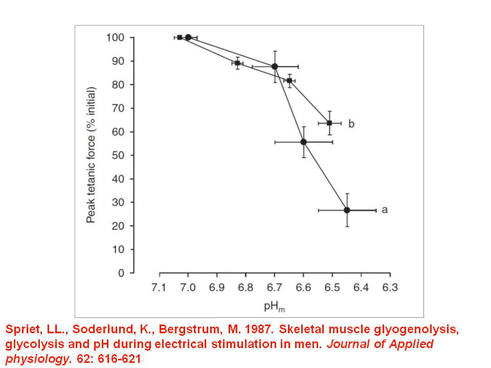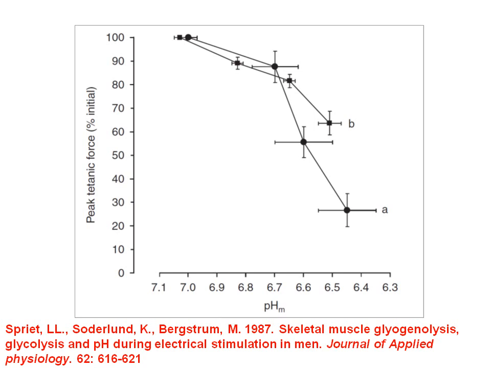Now, I've put this on just to show you a relationship between force, as a percentage of force, and the muscle pH. If we take a normal pH, you're able to maintain maximal force at the muscle. But notice that as the pH falls and the cell becomes more acidic, the amount of force being generated starts to decrease.